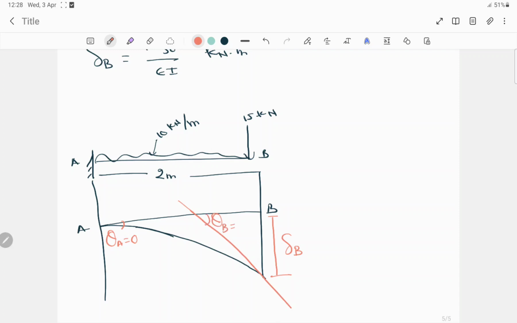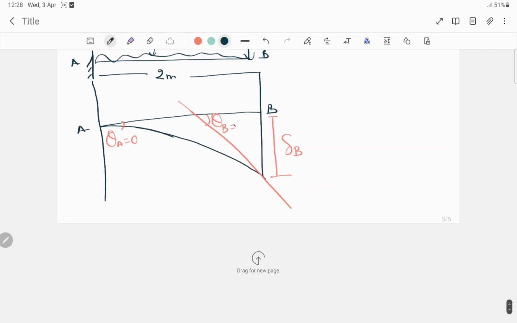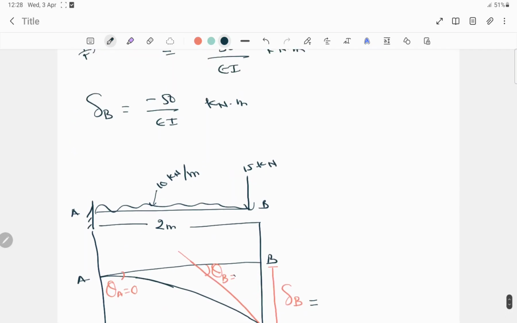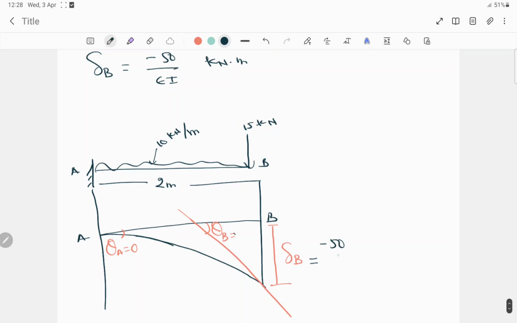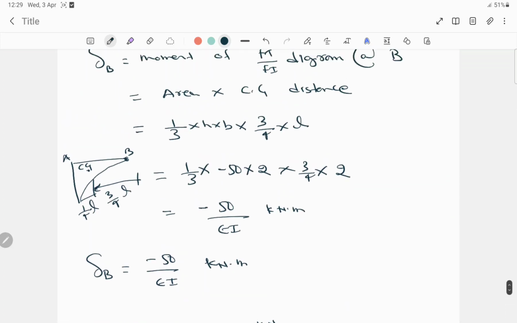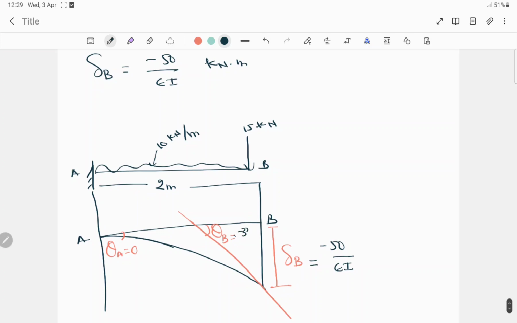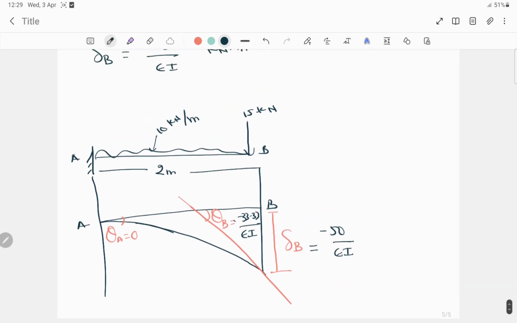We have already got our values. Deflection at B is equal to minus 50 by EI, and slope at B is minus 33.33 by EI. So this is our elastic curve.